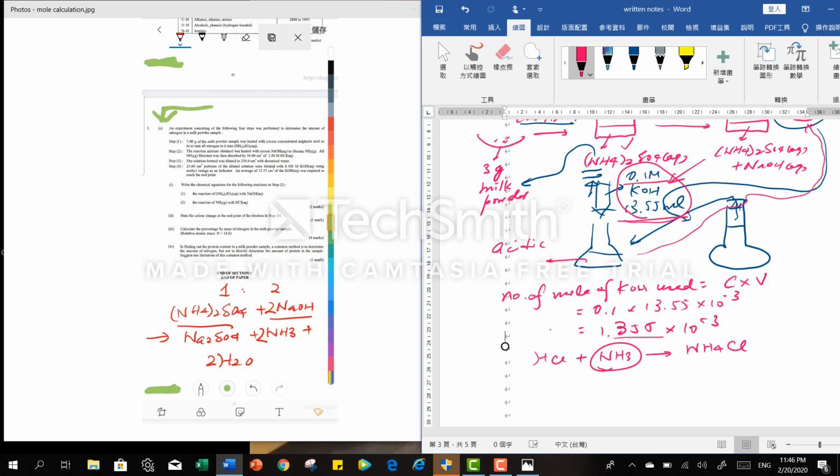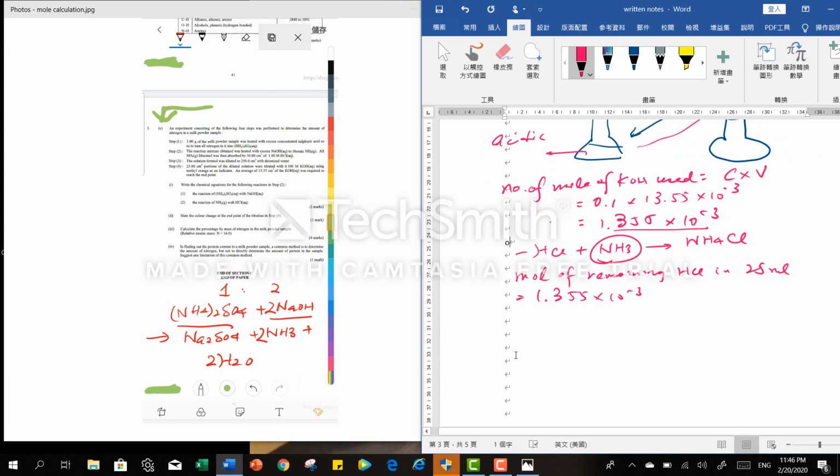Okay, now you have this one, right? So which means the mole of remaining HCl in 25 ml is this one as well, because it's 1 to 1. Can you see that? 1 to 1.